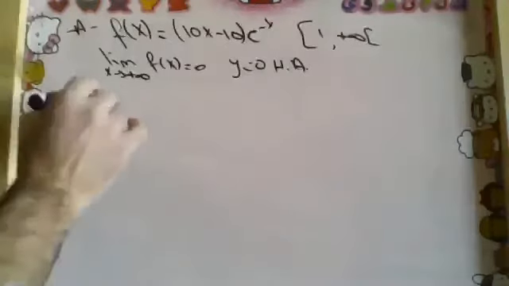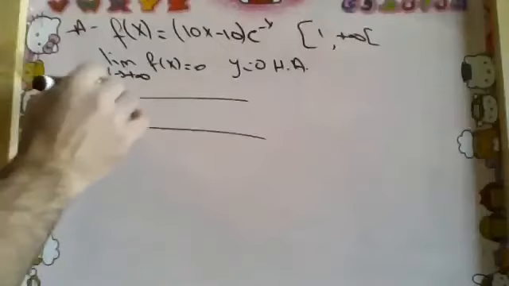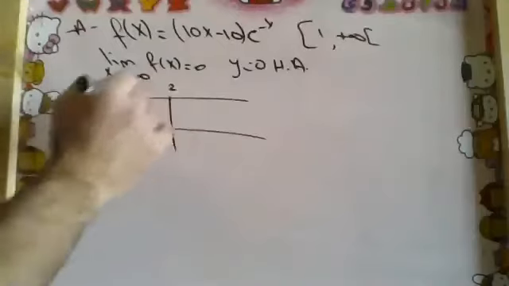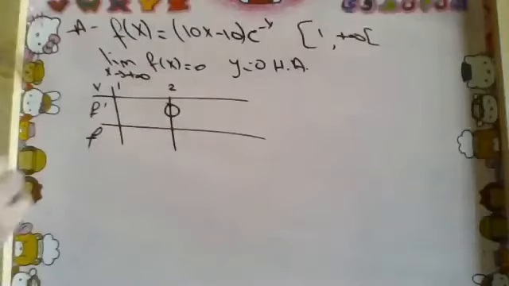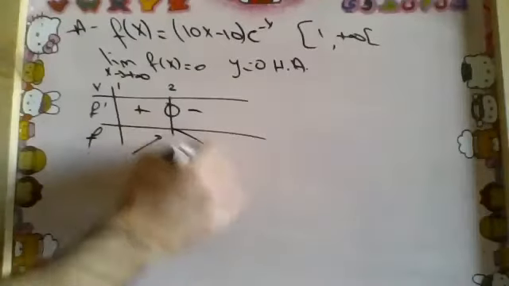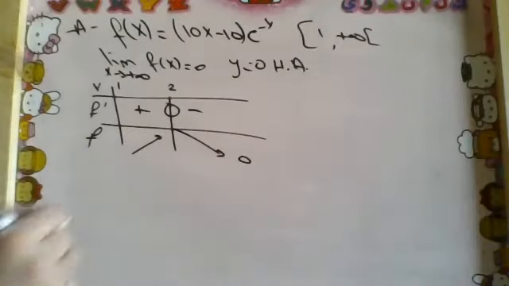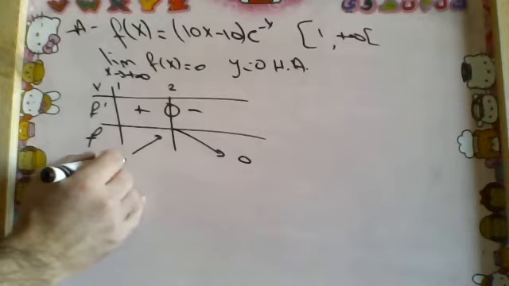Derivative or the table of variations. Two, it was positive, negative, increasing, decreasing. Here it was 0, and f of 1 was also 0.